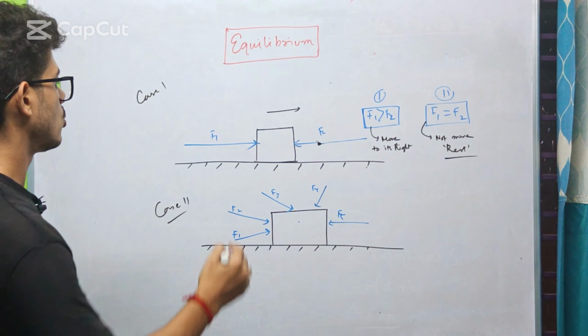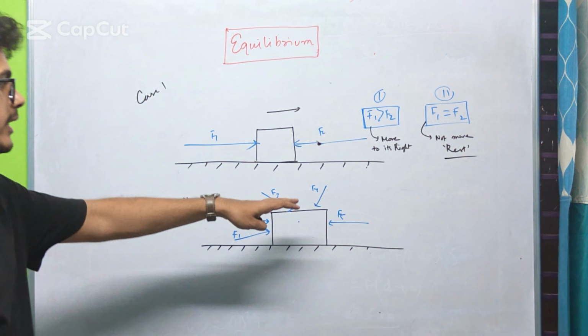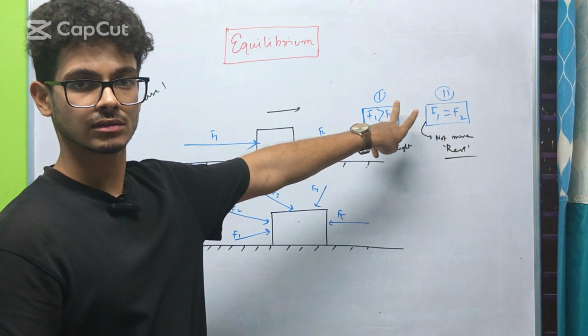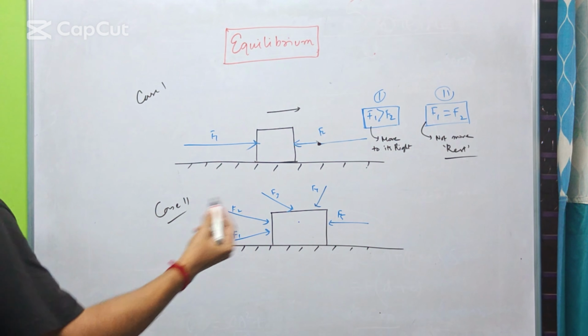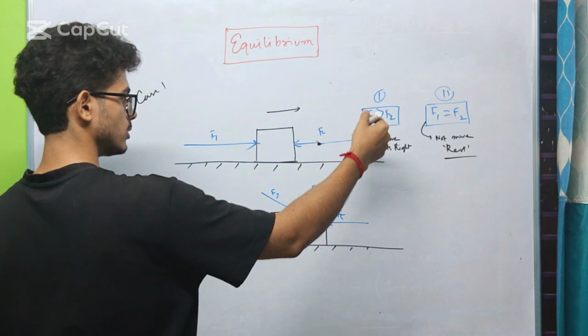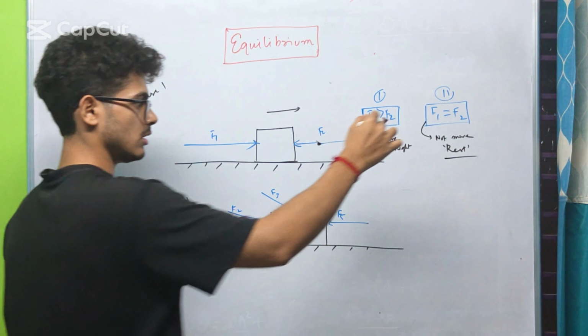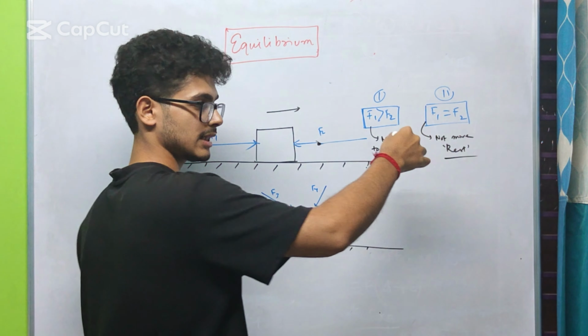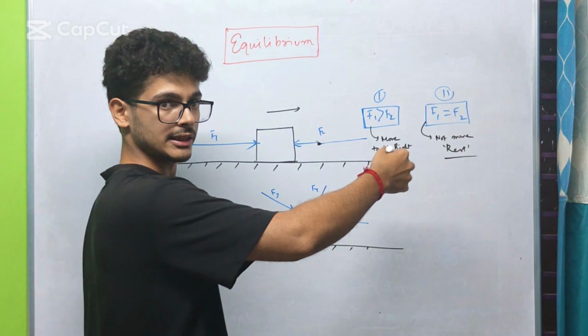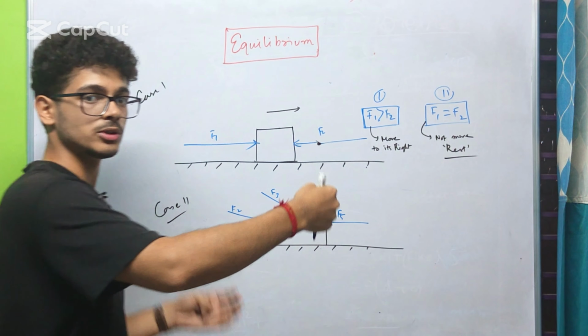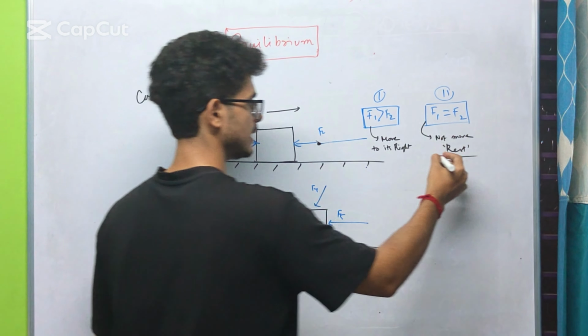So, what is the observation that you can make from these two conditions? When F1 is greater than F2, the body is moving. And when both the forces are equal in magnitude and are being applied in opposite directions, then it is at rest.